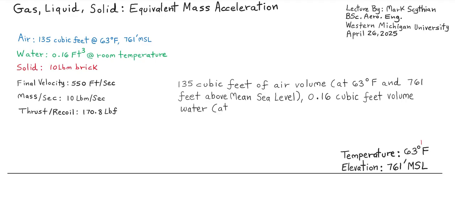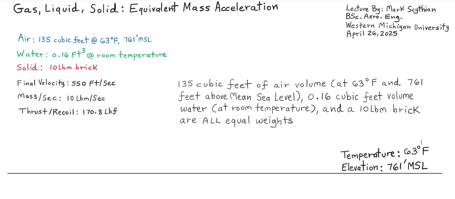So based on this lecture, you can conclude that 135 cubic feet of air volume at 63 degrees Fahrenheit and 761 feet above mean sea level, 0.16 cubic feet volume water at room temperature, and a 10-pound brick are all equal weights.